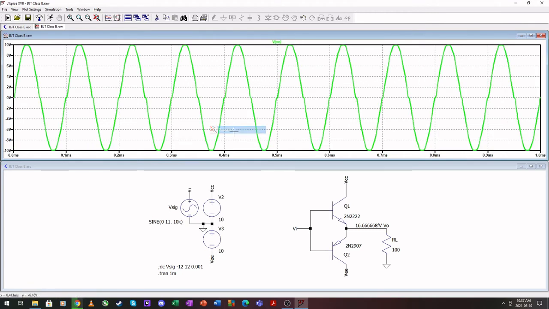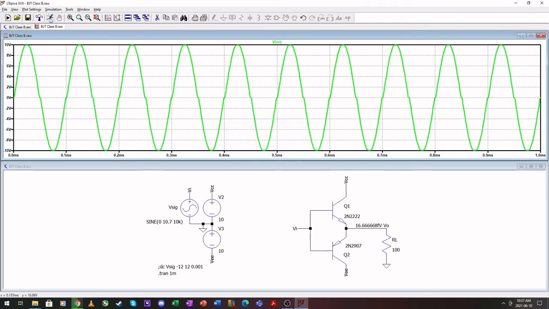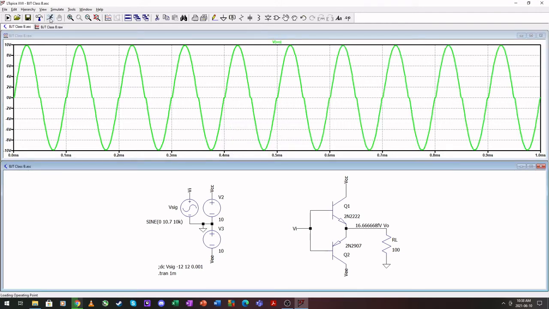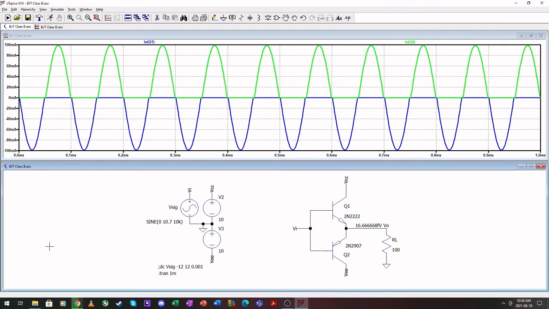I didn't account for the saturation here, so if we go to 10.7, we have rail to rail outputs. Okay, other than that, there is not much to show for a Class B amplifier. Here we can also clearly see one transistor conducting one half and the other transistor conducting the other half of the signal.